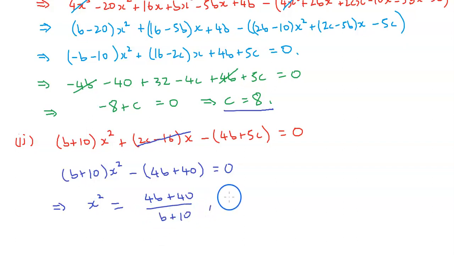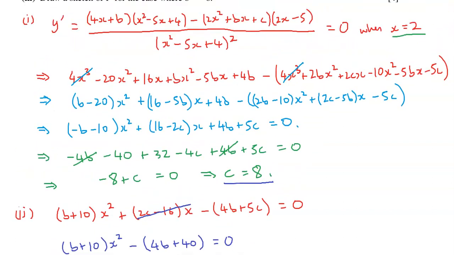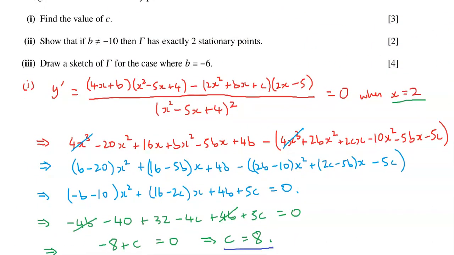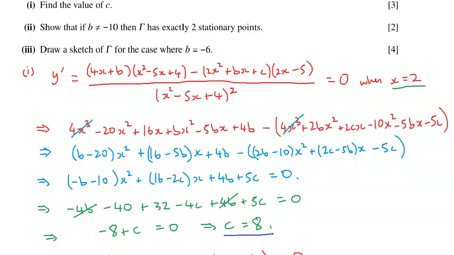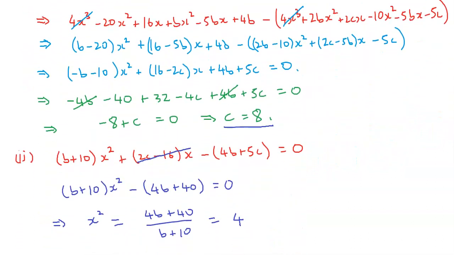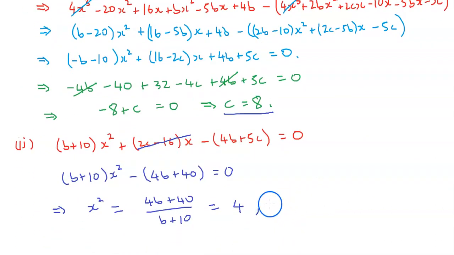And we're assuming that b does not equal negative 10. So we can just divide the top and the bottom by b plus 10. And we just get 4. So there are stationary points when x equals 2 or negative 2.